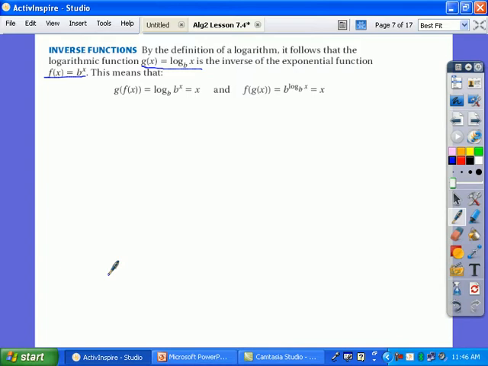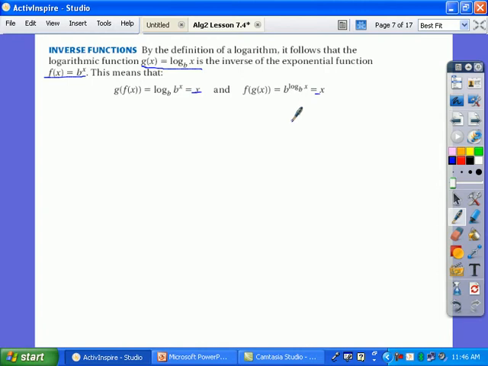And so what they're showing you here is that if I compose these two functions, let's look over here. If I take b to the x power, but where the x was, I replace it with the other function, I get back out x. Okay. And this is probably something that's worthwhile to just kind of memorize how this looks.